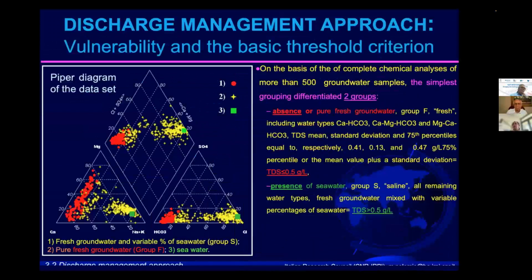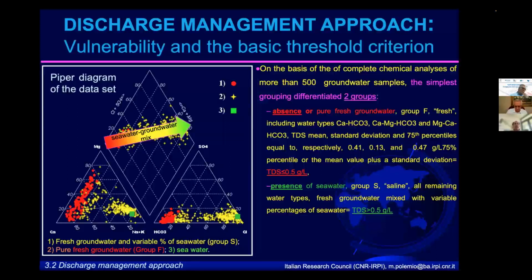Another approach is the assessment of vulnerability to seawater intrusion. In the case of the Apulia region, groundwater was sampled everywhere. More than 500 samples were considered. The variability of groundwater quality is mainly due to mixing between seawater and fresh groundwater. Red dots are poor fresh groundwater.